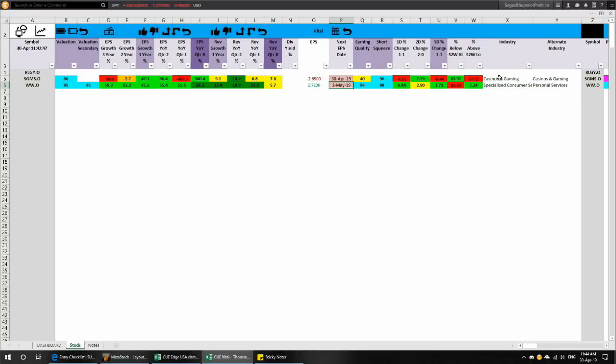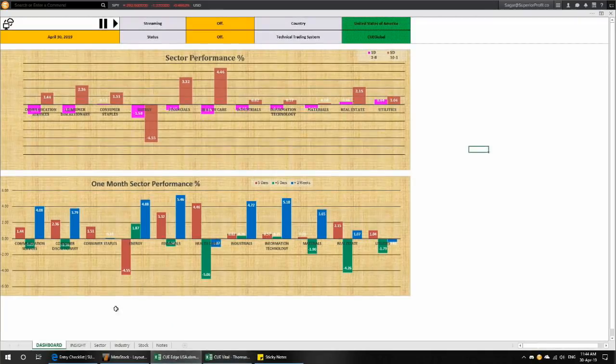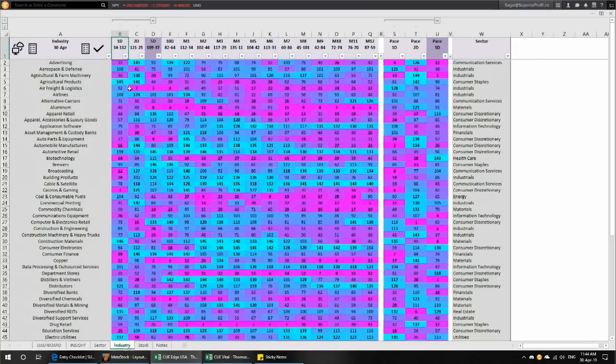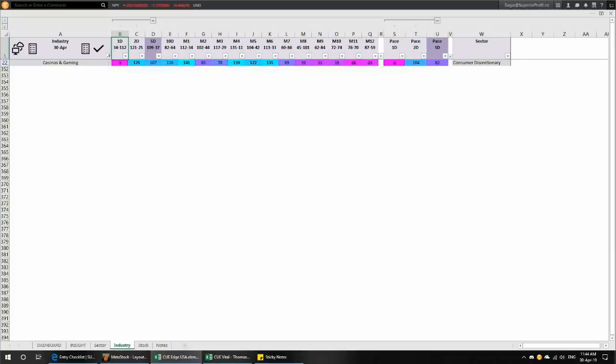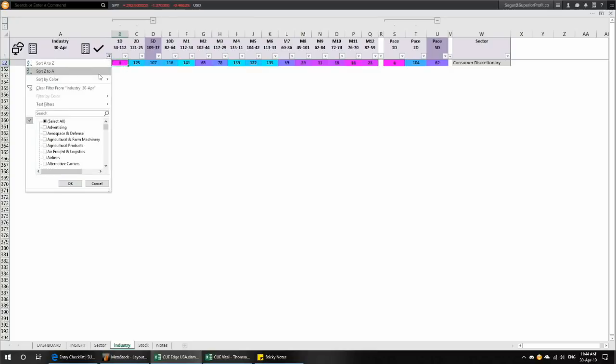Okay, let me look at casinos and gaming and specialized consumer services industries quickly. Casinos and gaming. It was strong earlier, cyan color, but today it is declining. So it's currently bearish, the industry with real-time data.